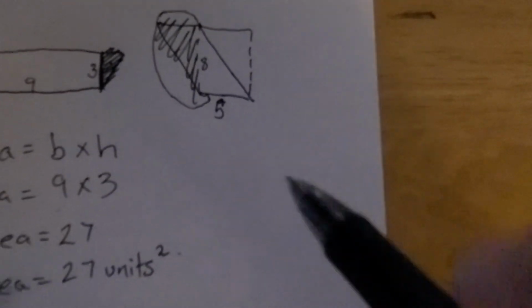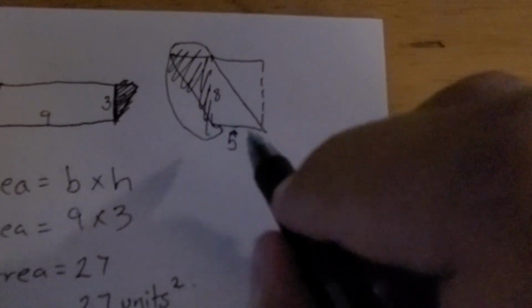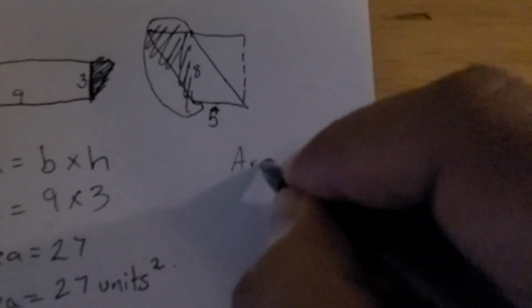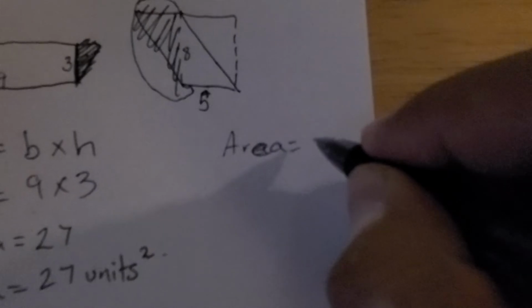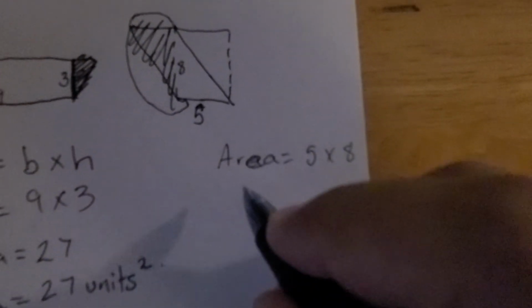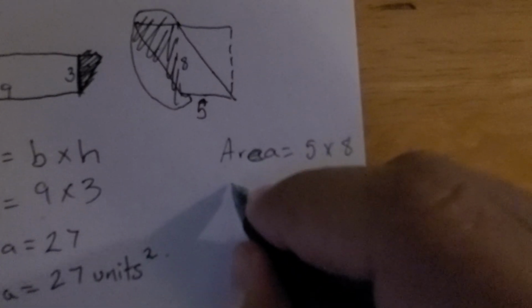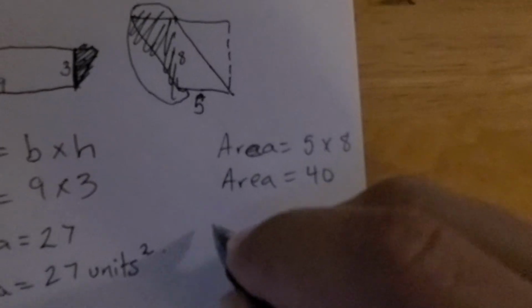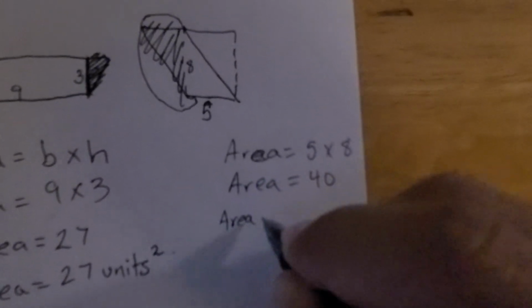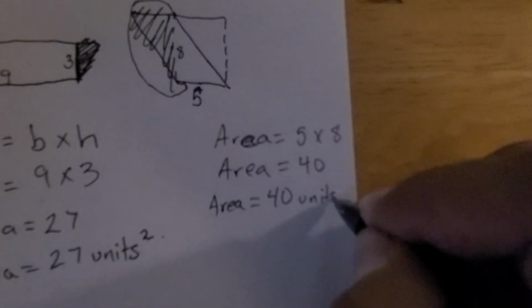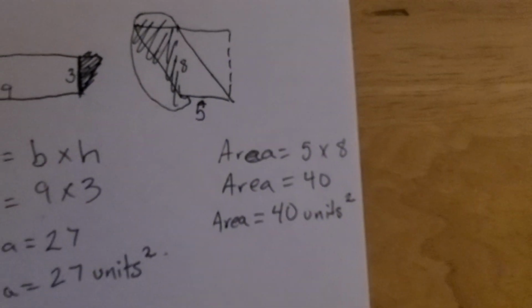We get a rectangle. So our area equals 5 times 8. That means area equals 40, but we have to write it as 40 units squared.